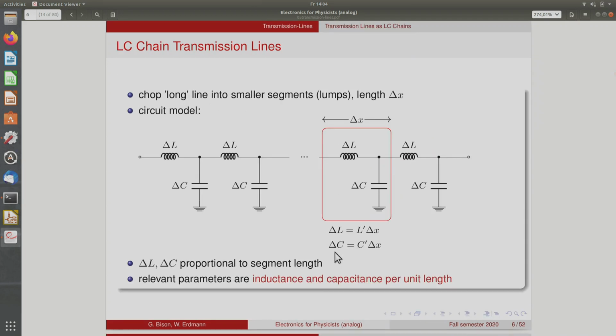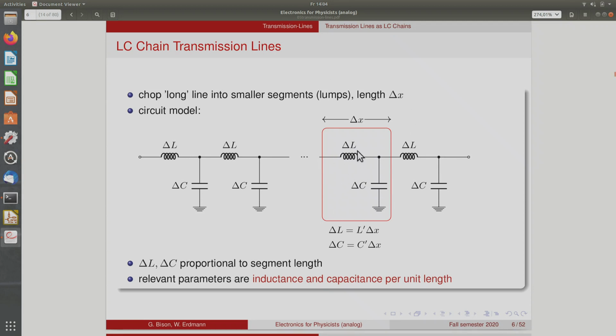Okay, so let's look a little bit more in detail at the model that we're making. So we chop the long cable, the long transmission line, into smaller segments or lumps with a length delta x. So we look at little pieces of this, call the length delta x, and here we have one of these segments.